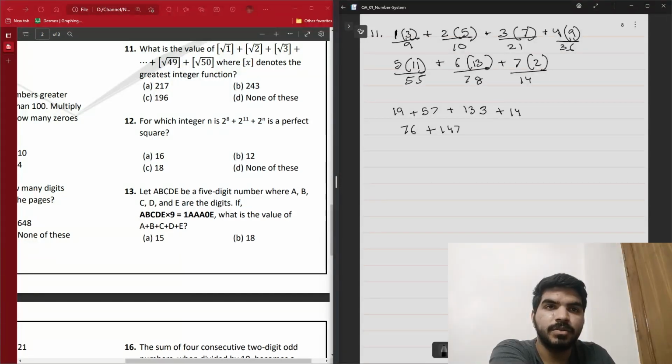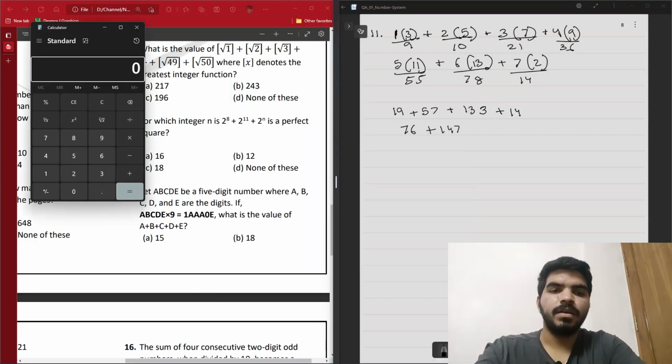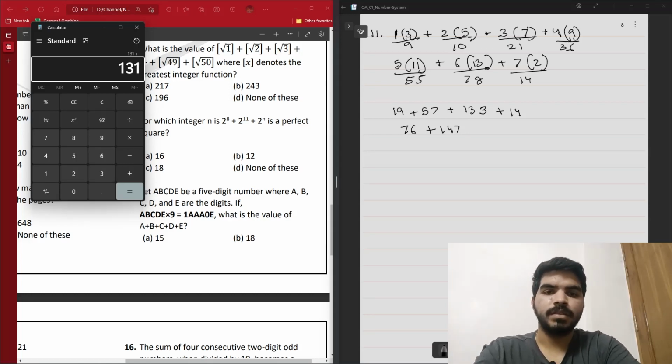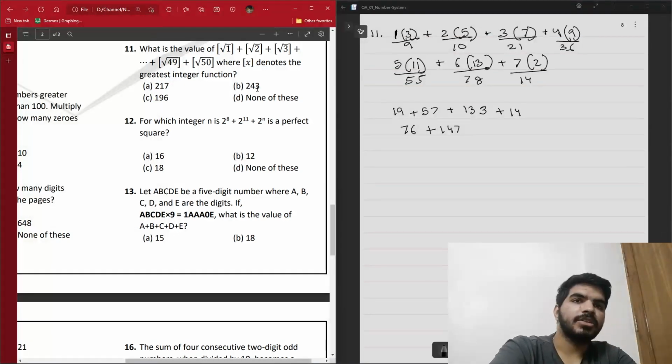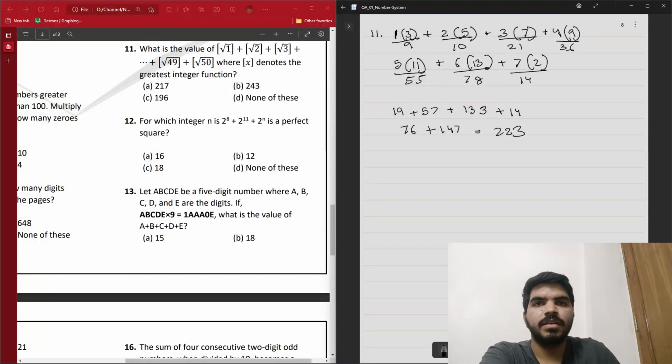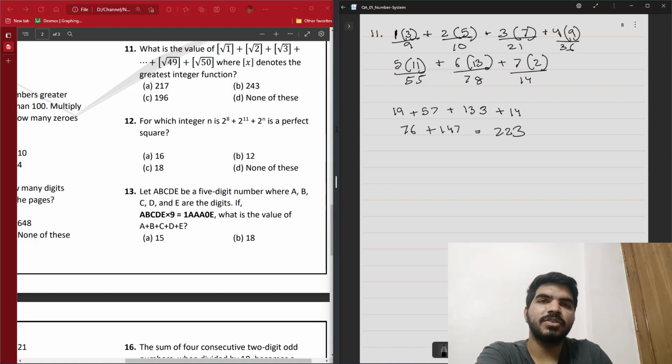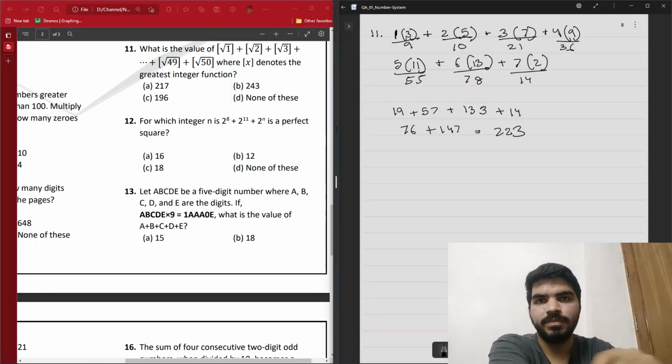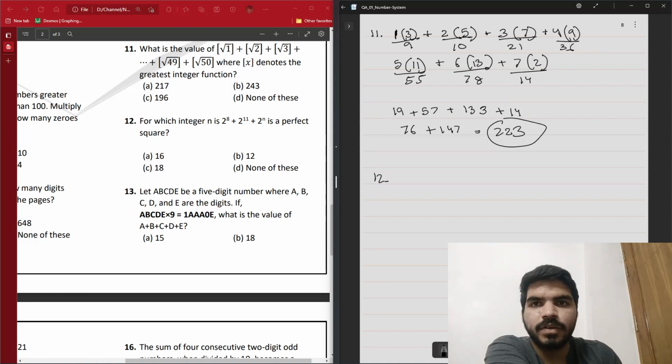I made a mistake somewhere, I guess. Let's open the calculator. 9 plus 10 plus 21 plus 36 plus 55 plus 78 plus 14 is 223. It has to be 223 only then. I'll put 223 in the notes as well. Okay. 12th.